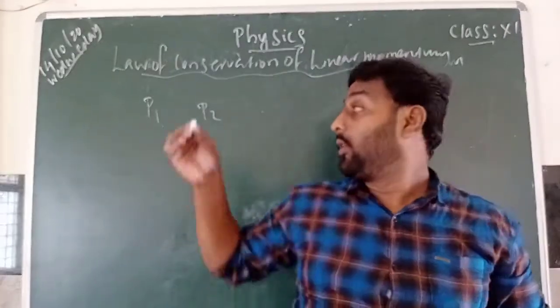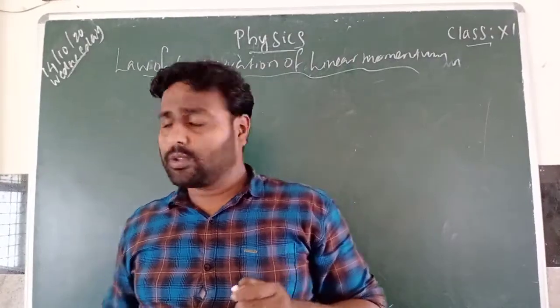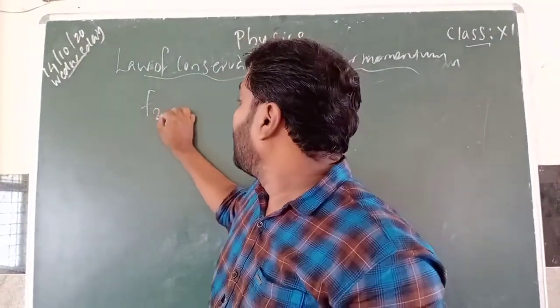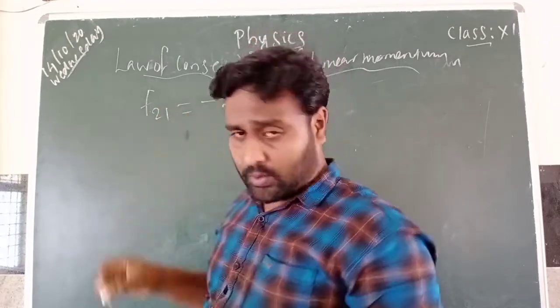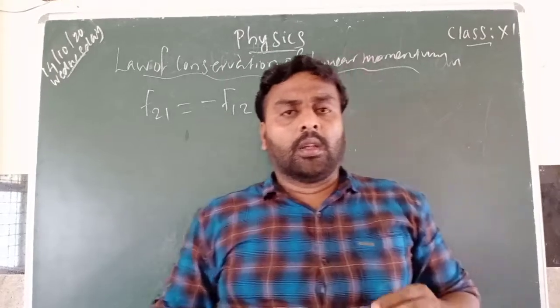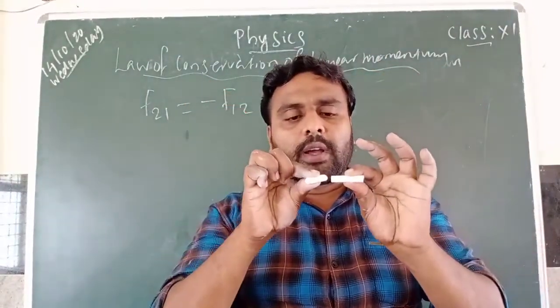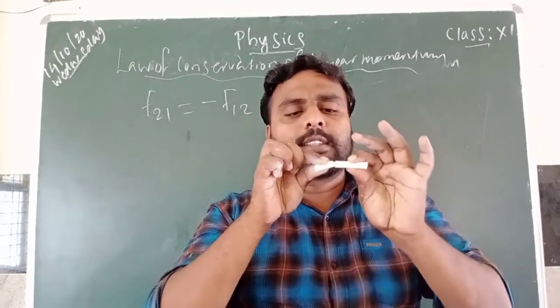That is what we are using here, Newton's third law. So F21 is equal to minus F12. One particle 1 is there, particle 2 is there, the two particles interacting with each other.